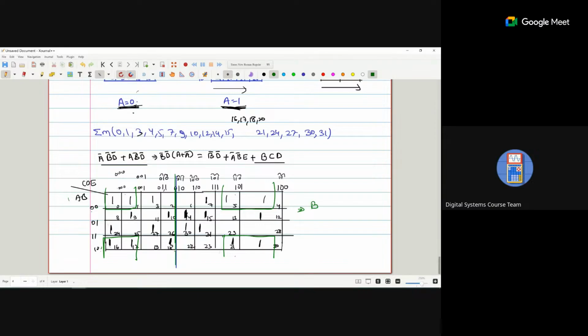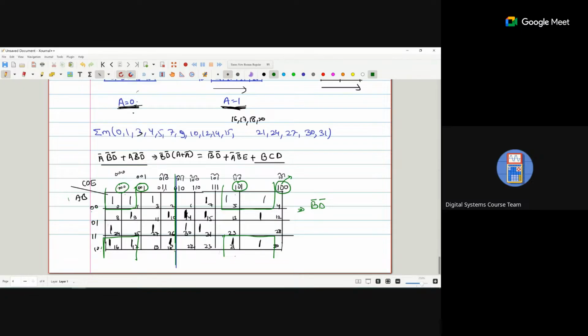Okay, for these two and for these two, 0 0, 0 1, 0 1 0, and 1 0 0. So only this term is constant. This term is D bar. So B bar D bar. Okay, 0 0, 0 1, 1 0 1, and 1 0 0.